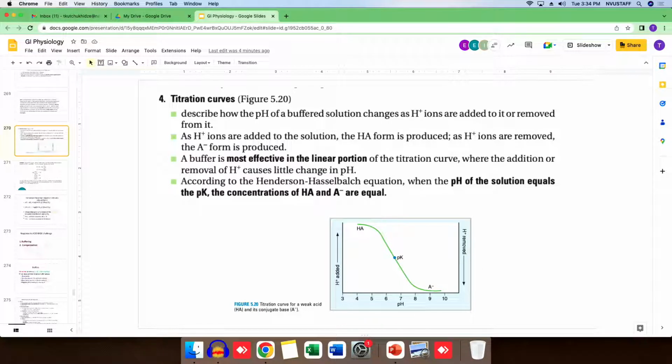But I will explain the titration curve. Like the answer to your question is that. So see how we are writing the titration curve. What's titration? What's titration, Shahid?